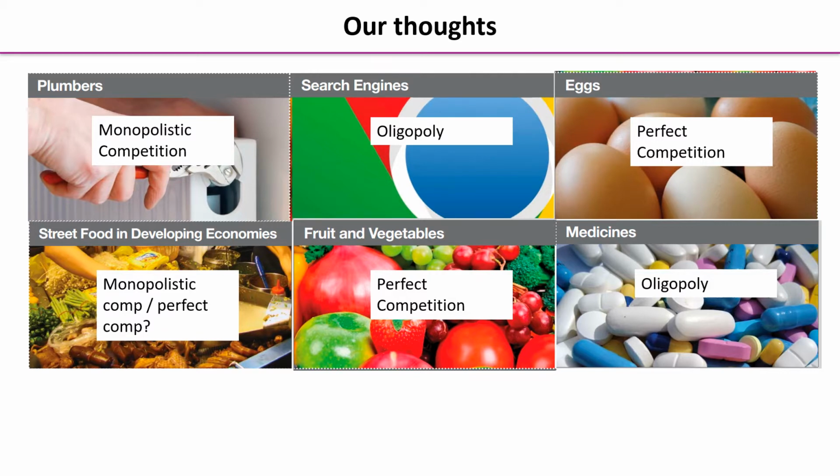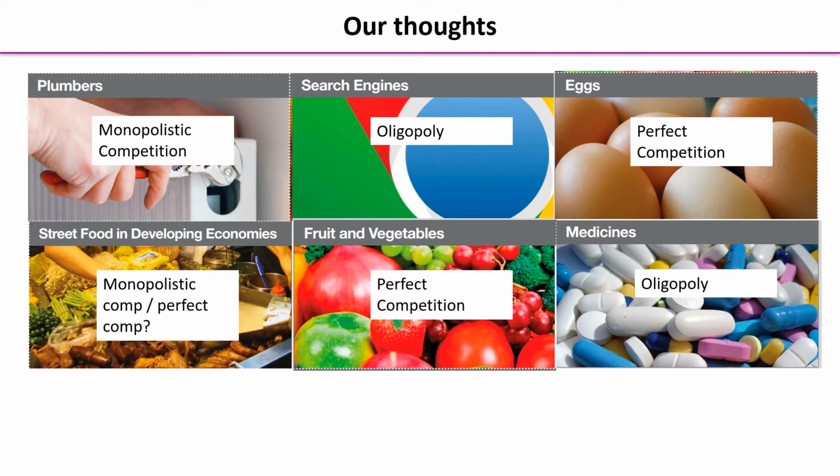The street food in developing economies, you might have put that down as perfect competition as well, because again, lots of different suppliers and pretty homogeneous products, but you might consider there's some differentiation between the products and so go for monopolistic competition here. Fruit and vegetables, for pretty much the same reasons as eggs, tend to be considered as perfect competition.